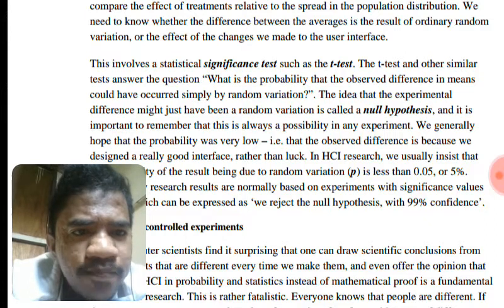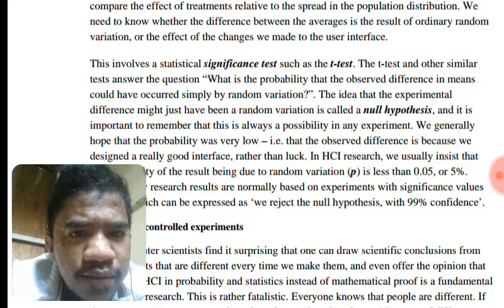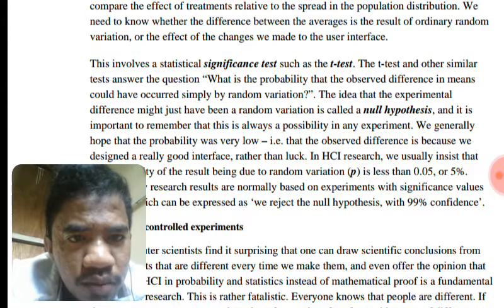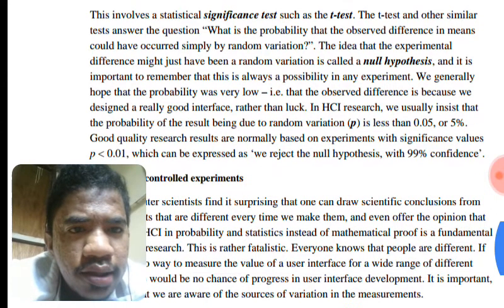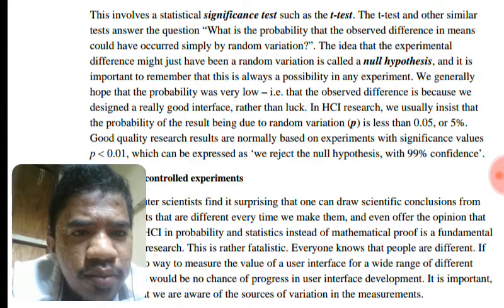the probability that the observed difference in the mean could have occurred simply by random variation? The idea that the experimental difference might just have been a random variation is called a null hypothesis. And it is important to remember that it is always a possibility in any experiment.